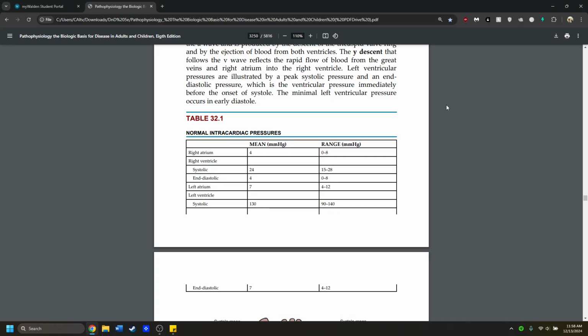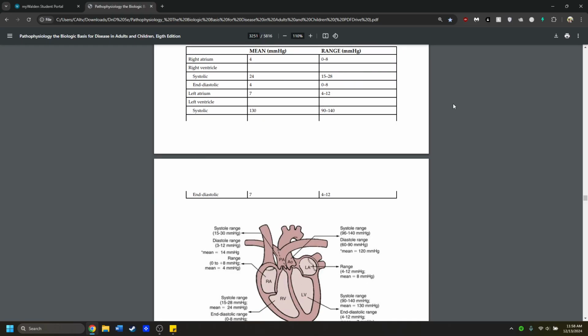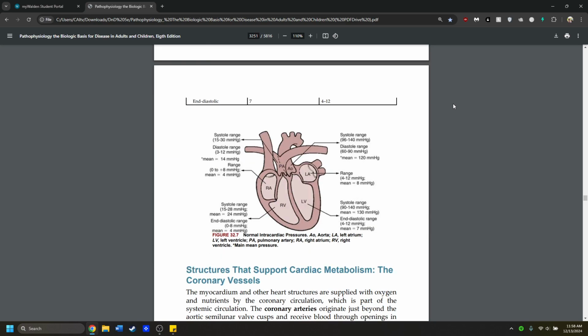So with a mean of 130, and the end diastolic is anywhere between 4 and 12 with a mean of 7. But that is not our diastolic blood pressure. This is just the pressure within the heart.